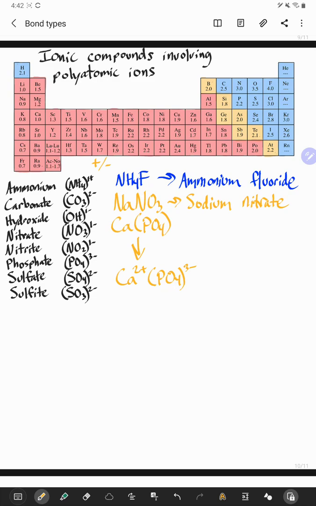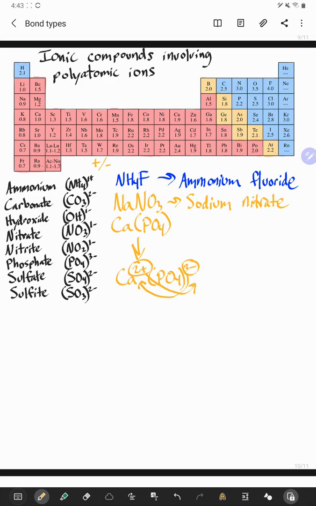So I like to do the crisscross method. You're welcome to do whatever method you want to figure out how many calciums and how many phosphates we need. But what I'm going to do is take this 3 and write it right here. And then I'm going to take this 2 and write it right here.